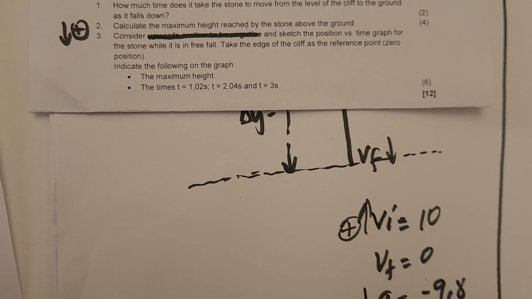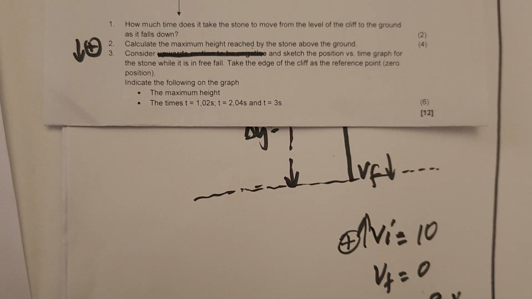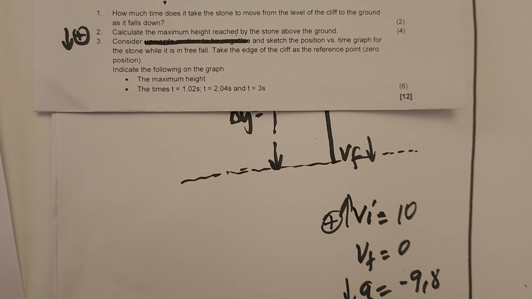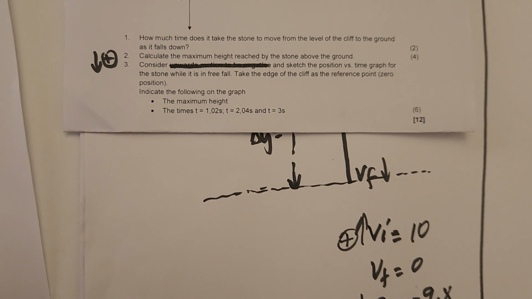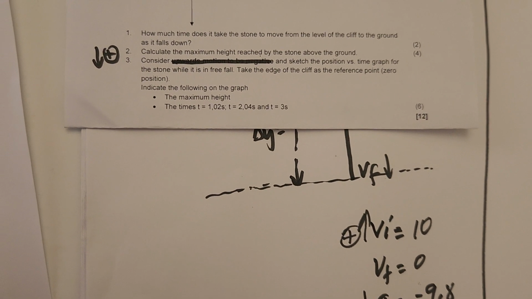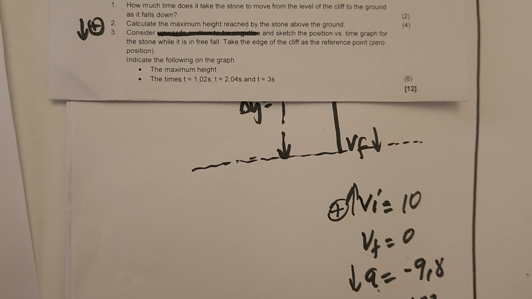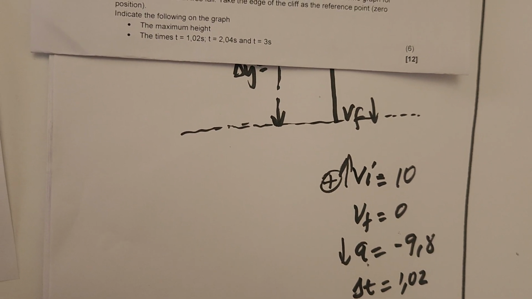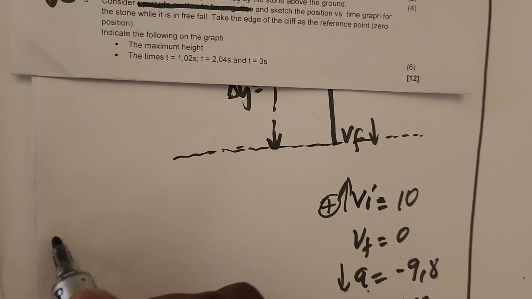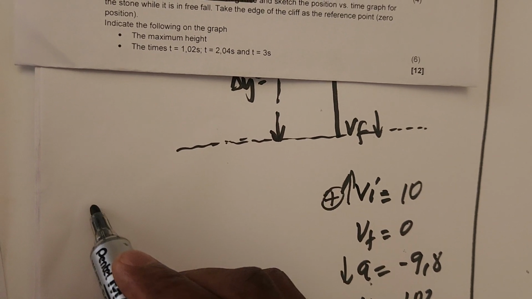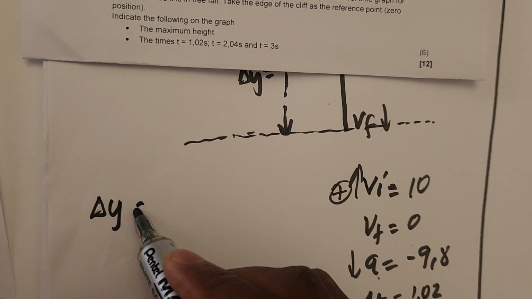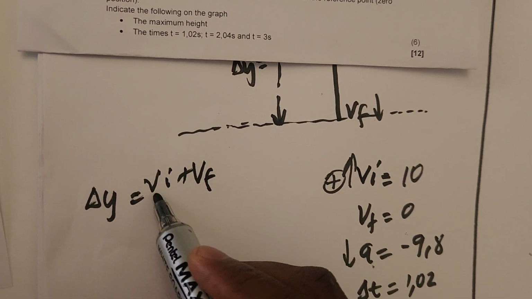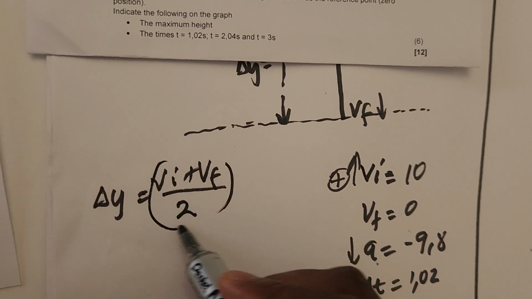Since upward is positive, remember A is downwards. We know it takes the time of 1.02 to reach the maximum height. So now we can calculate the maximum height using any formula with delta y. So the easiest one will be maybe the last one, no problem, to say delta y equals VI plus VF divided by 2, all multiplied by delta t.